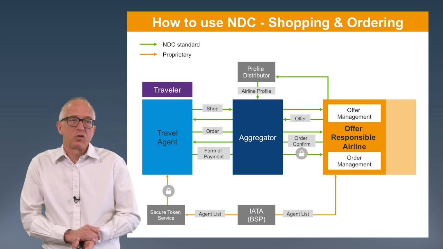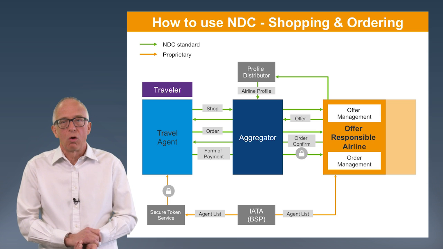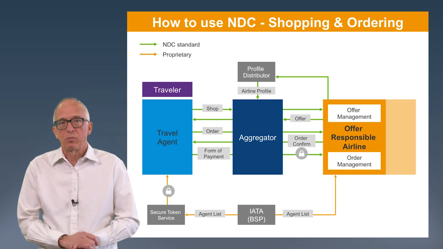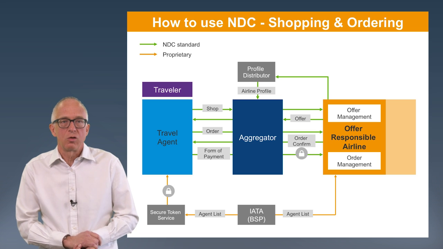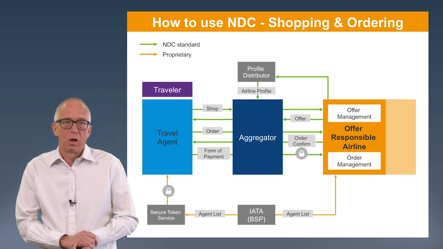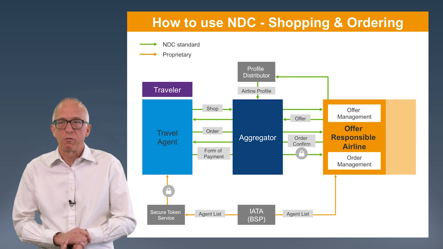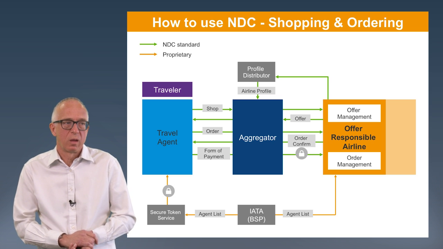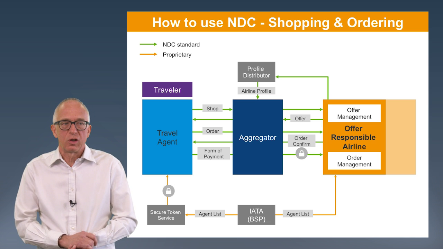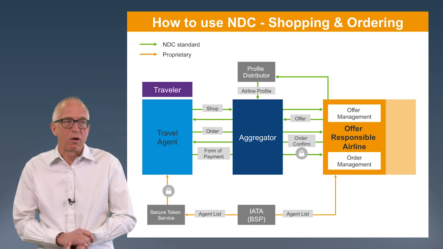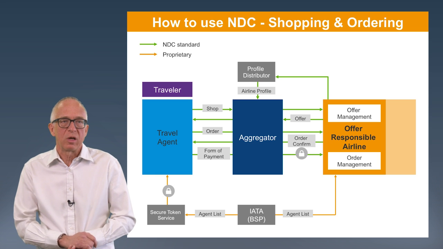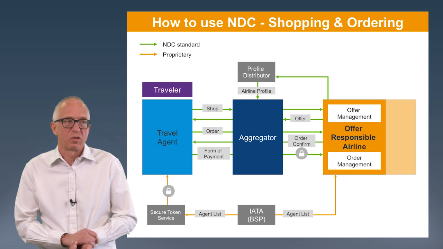It might be required to make a payment immediately, or alternatively, for some conditions of some tickets, you can pay at a future date. But whenever that comes around, the travel agent needs to declare the form of the payment. And this is where the secure token would be used to verify that the message is coming from the right travel agent.